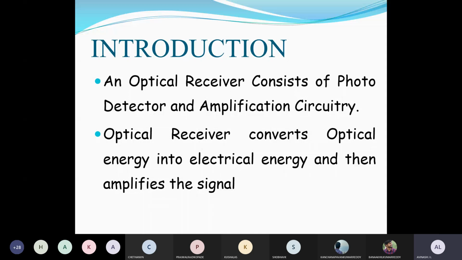Once it converts optical energy into electrical energy, it then amplifies the signal. Once it is amplifying the signal, we know that it is an amplifier. That is a major thing. So the optical receiver consists of two parts: it converts optical energy into electrical energy, and then it amplifies the signal.